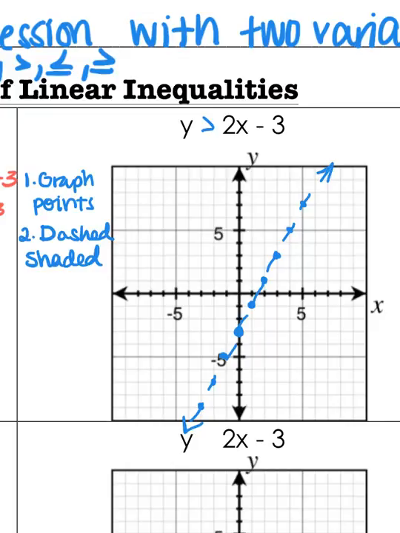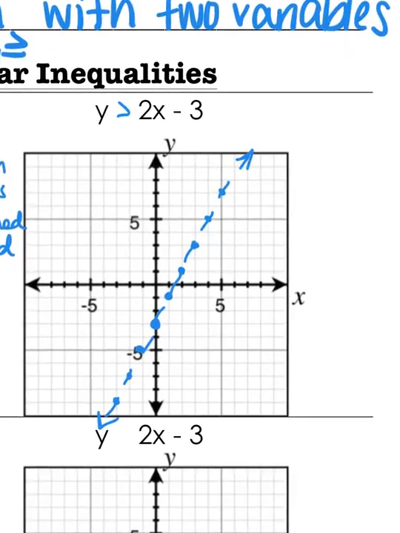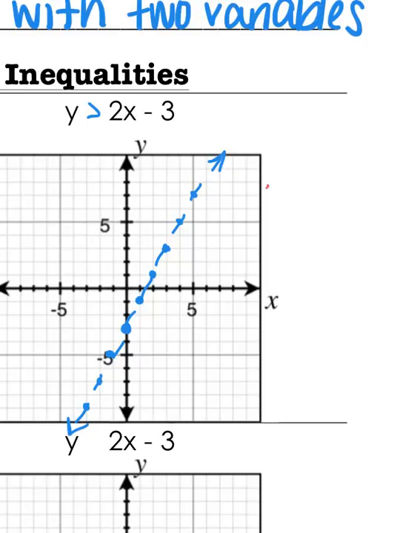So now I have my two regions, and I'm going to test the point 0, 0. So again, plugging it in for x and y. So I have 0 greater than 2 times 0 minus 3. 0 greater than 0 minus 3. So 0 is greater than negative 3.